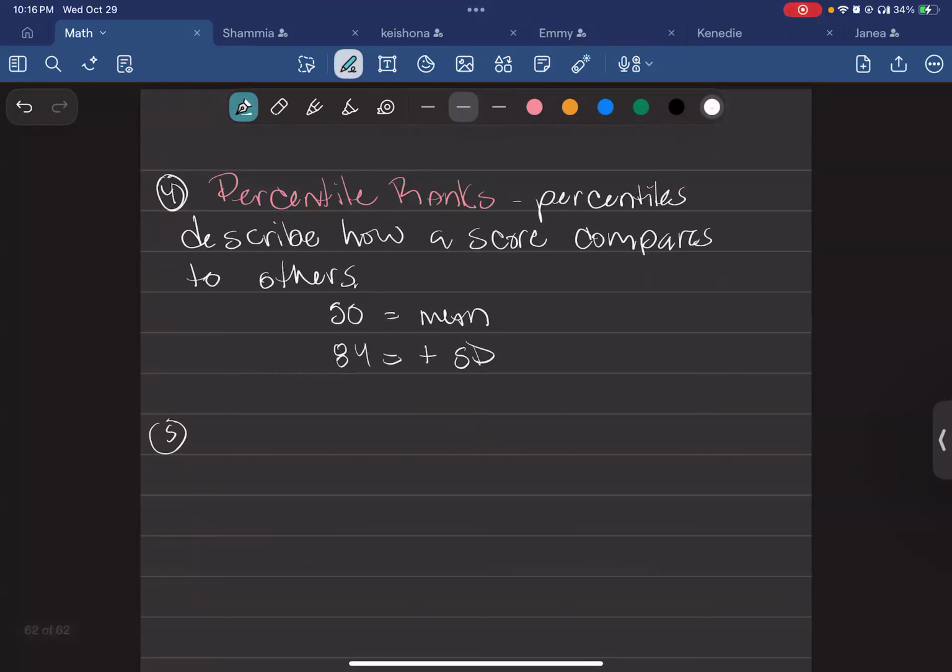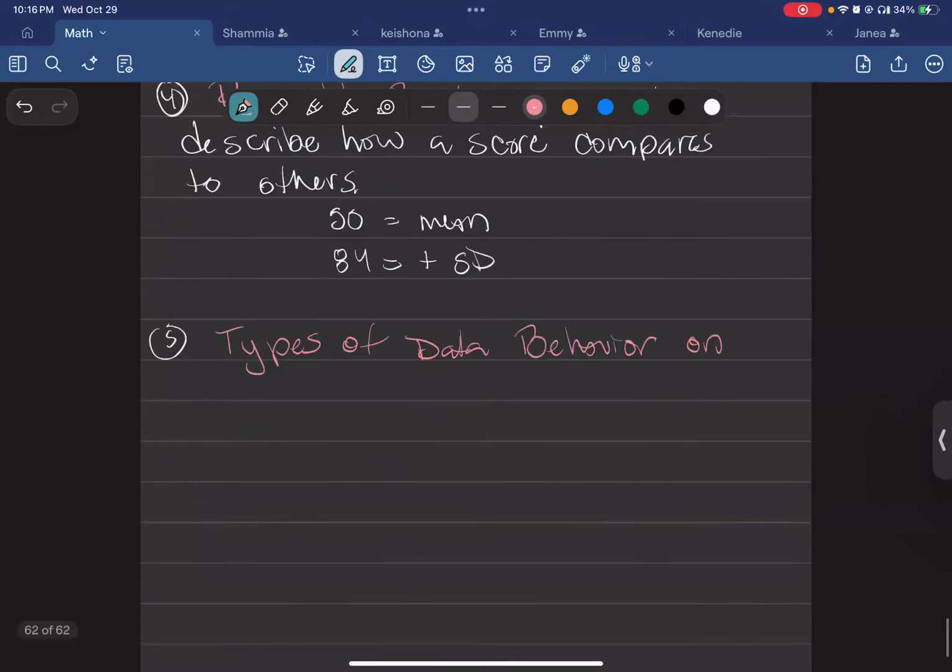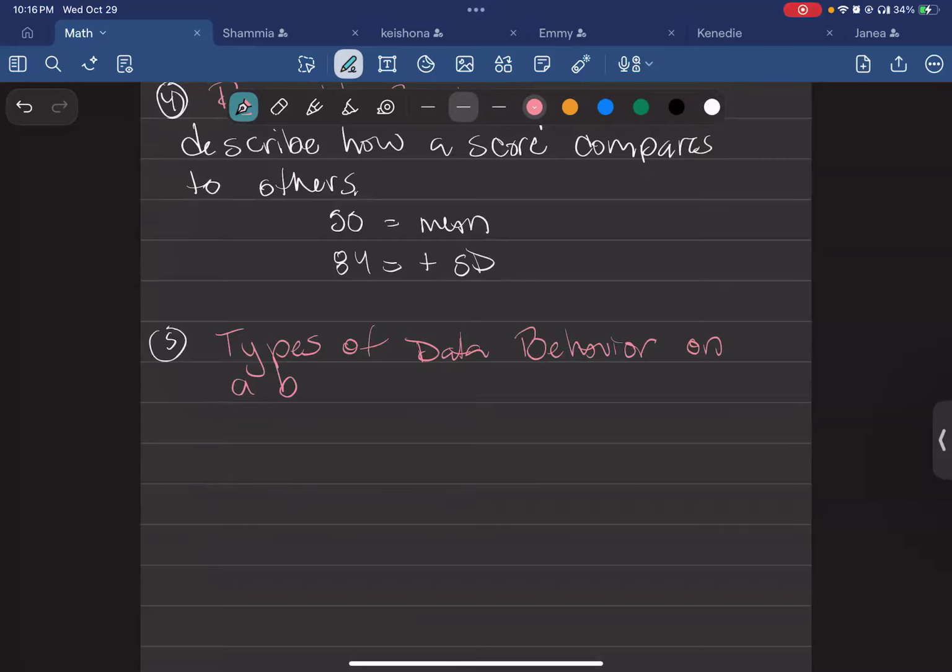So the next one we're going to talk about is the types of data behavior on a bell curve. Right, so this is defined as showing you what the data looks like.